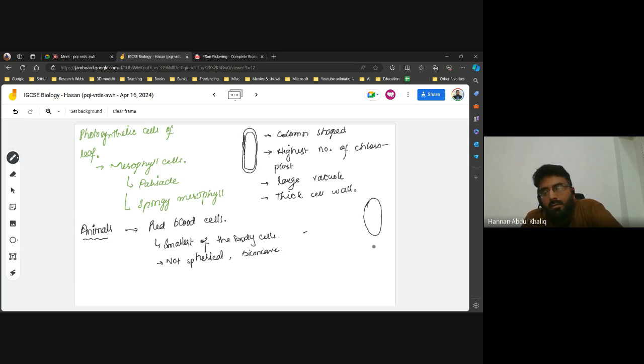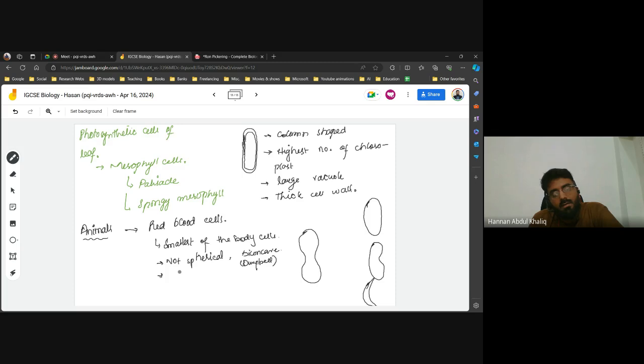When you make an oval, but there is a depression on one side, this is called concave. Biconcave is when there is a depression or a pit-like structure on both sides. You can also call it dumbbell shaped. They are not spherical, but they are biconcave.